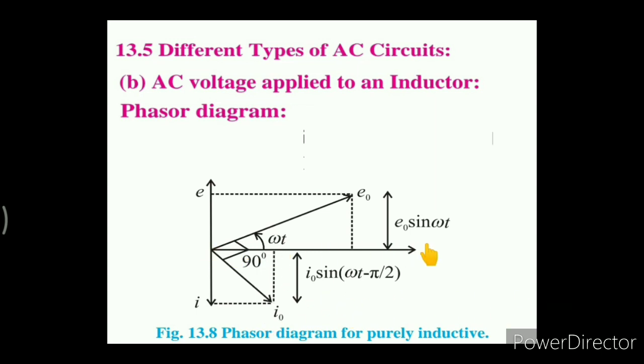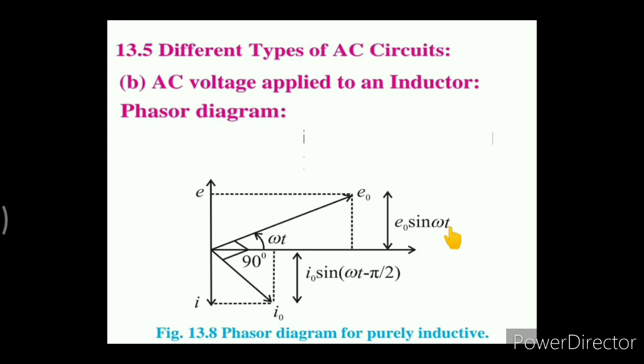With the horizontal axis, the angle omega t moves in the anti-clockwise direction, so it makes an angle with the maximum value E0, and hence we get its vertical component as E0 sin omega t.